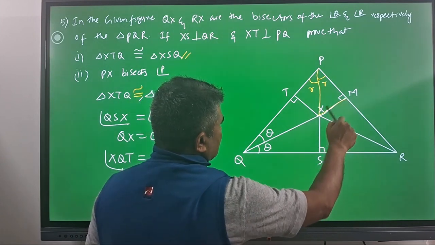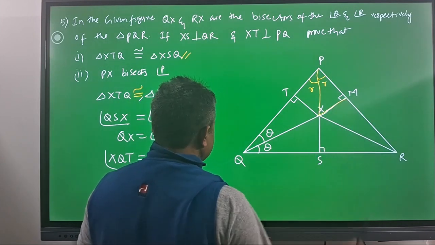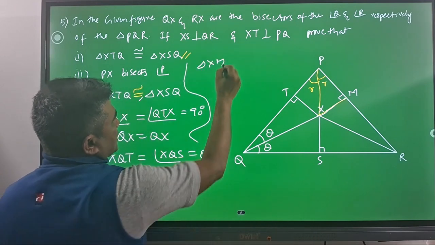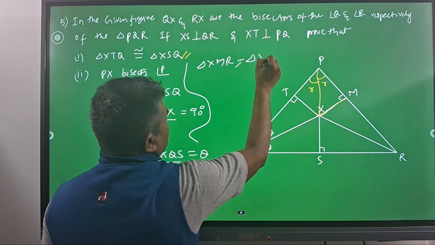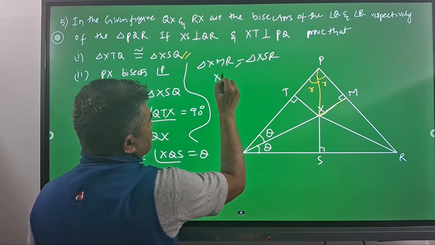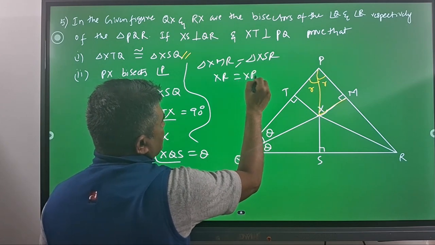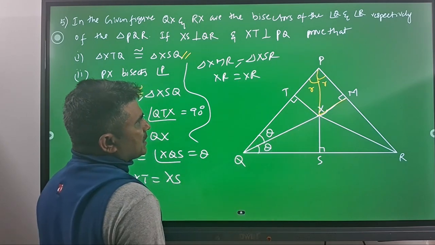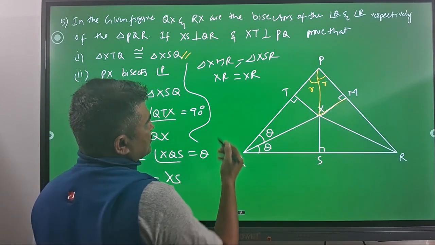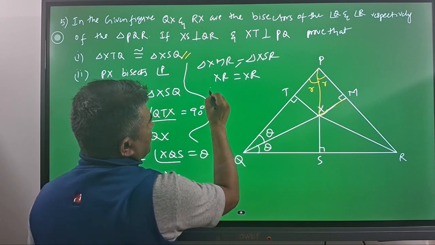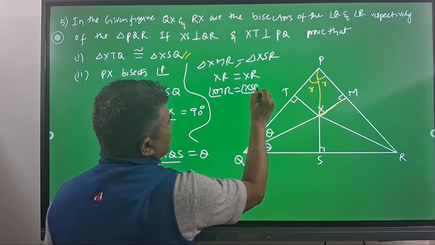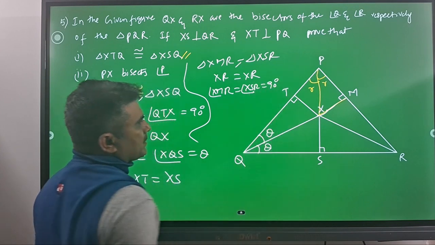Now I am considering XMR and XSR. Okay, so triangle XMR and triangle XSR. Here XR is common to both triangles, so that is equal, and then the angle at M and the angle at S are equal, that is perpendicular. So angle XMR is equal to angle XSR, which is 90 degrees.